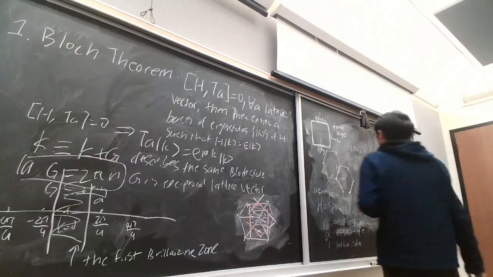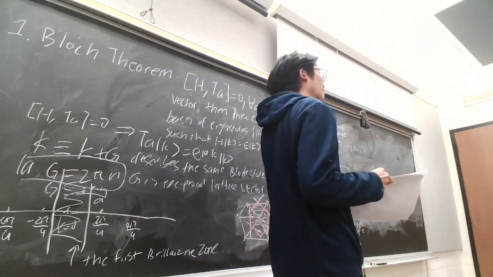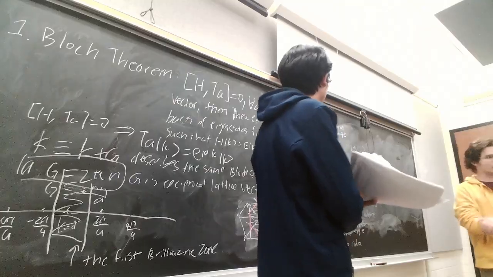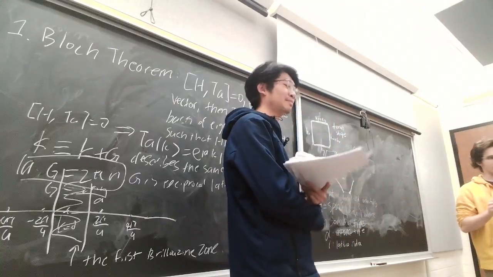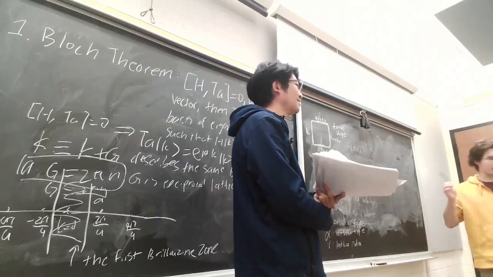So let's understand this in terms of the diagram. The claim is we're assuming that the electrons are very localized, so they have to be very close to the atom, and they can't be anywhere else.